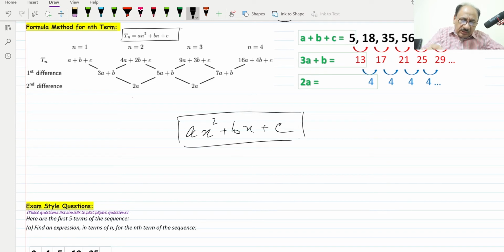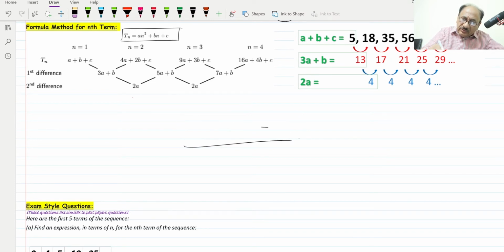We can write it like this. For example, over here this is our first term, n1, n2, n3 and n4. These are the terms. The first term is a plus b plus c, if we take n equal to 1. If n is equal to 2, it will be 4a plus 2b plus c.